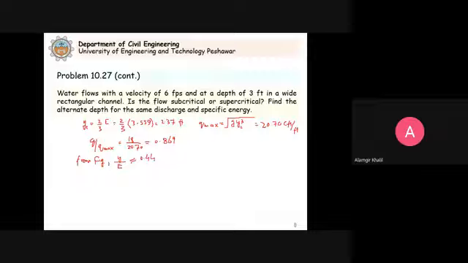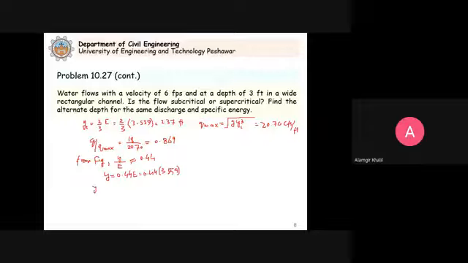So now that y by e is 0.44, and e is already known, we can estimate this y. So y will be equal to 0.44 times e. What is e? 3.559.